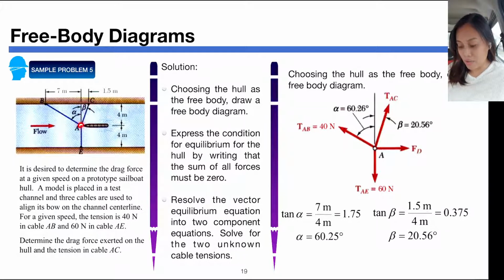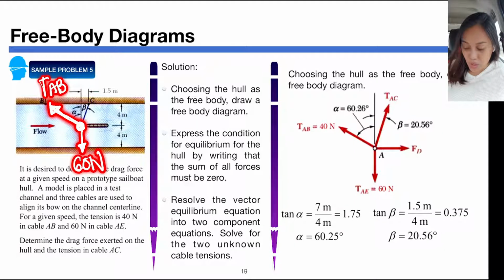So, naa tay given nga duha ka force. Tensile force sa AE. So, kaning AE ga-exert na siya og force, kana siya nga force, which is AB, TAB, which is equal to 40 newtons. Kanina siya, from point A, ga-exert pod ang cable AE og force nga 60 newtons.